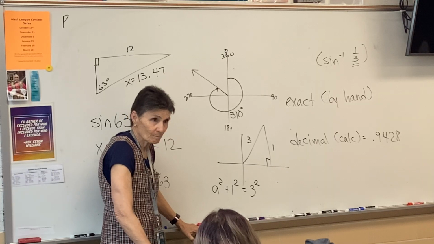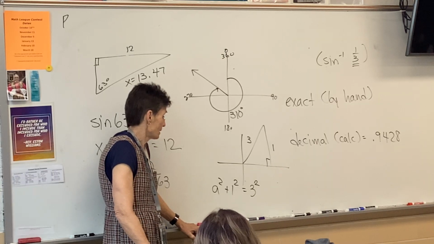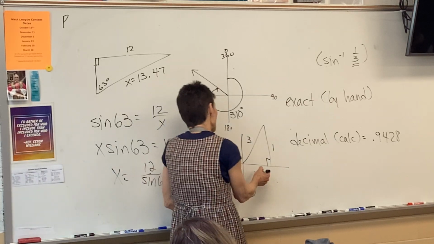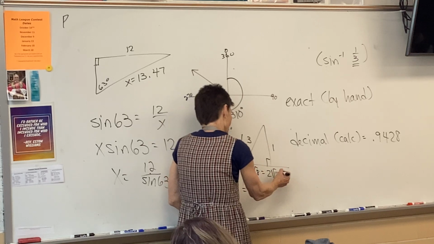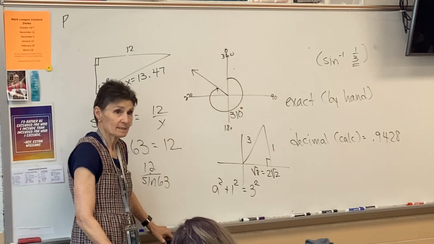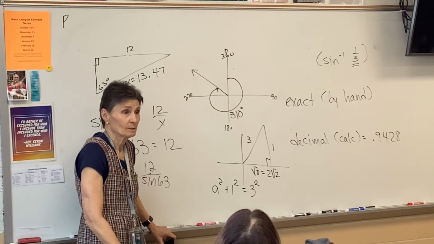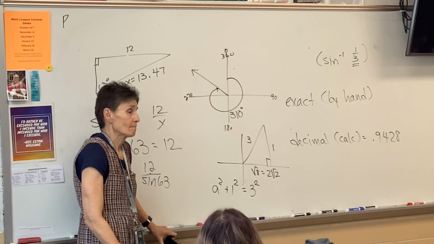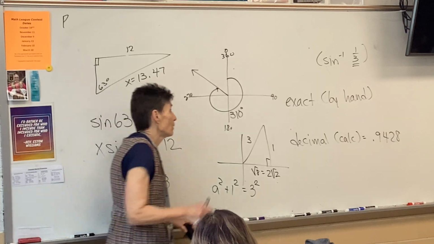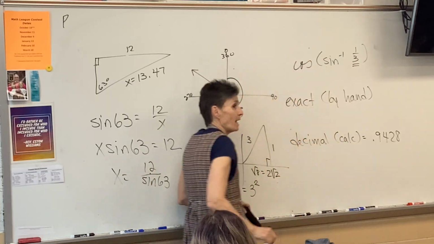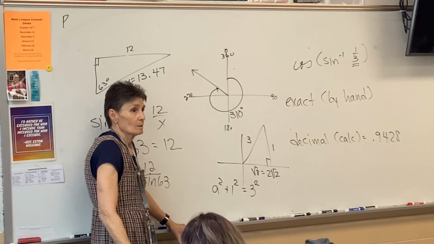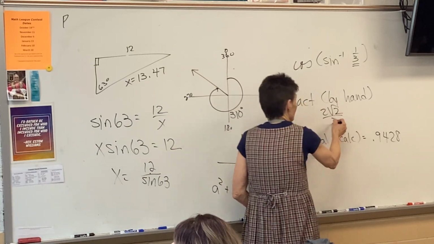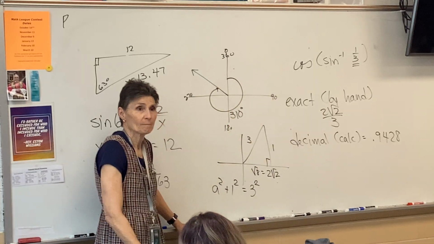A and b don't matter, but c is the hypotenuse. So what do you get for a? Square root of 8, which we are going to write as 2√2, because 8 breaks down into 4 times 2. The square root of 4 is 2, so 2 radical 2. Now, I want to know the cosine of that picture. So the cosine will be 2 radical 2 over 3, adjacent over hypotenuse.